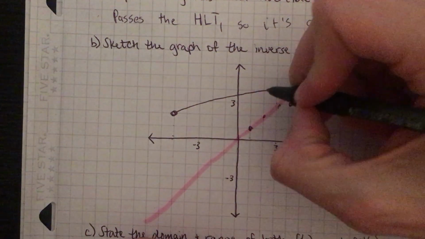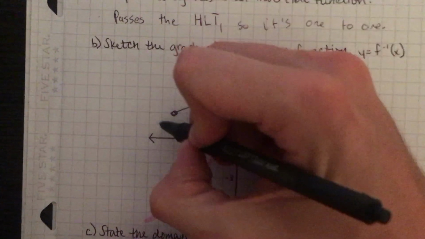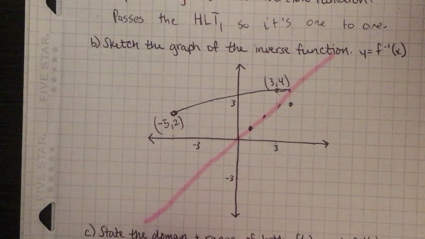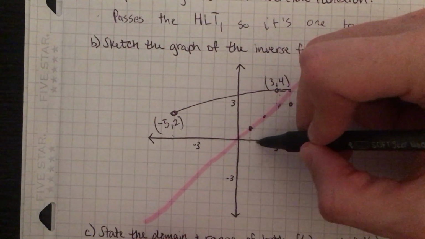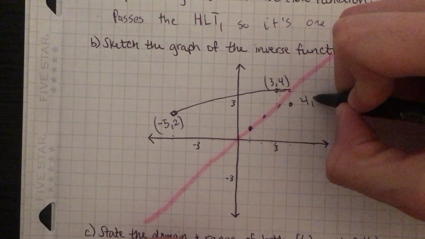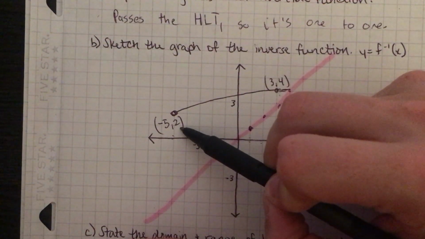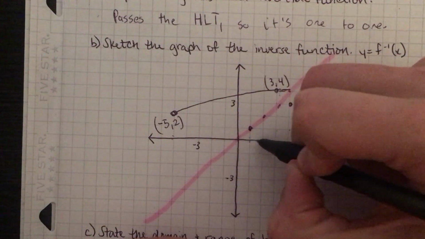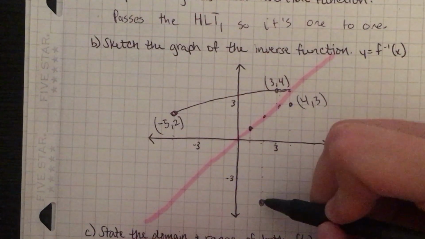When you reflect it over a line, if this is the coordinate 3, 4, and this is the coordinate -5, 2, there's a couple of ways to think about this. If it's an inverse, x and y are just going to switch. So I'm going to graph the coordinate 4, 3, and we'll end up in the same spot here. Then with this coordinate right here, -5, 2, we're going to flip x and y, and that's going to become 2, -5. There's a couple ways to end up at this.